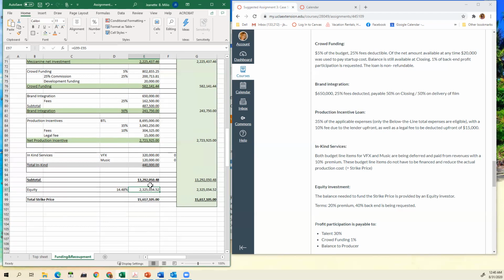So here's our strike price, and when you add those two amounts together, look at that, you get to your strike price. So here's our funding schedule.